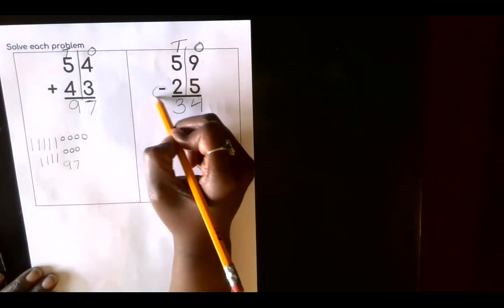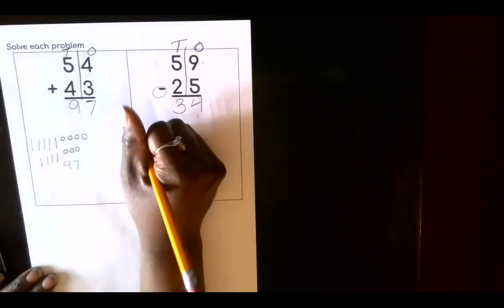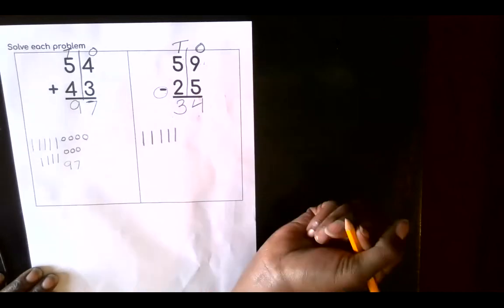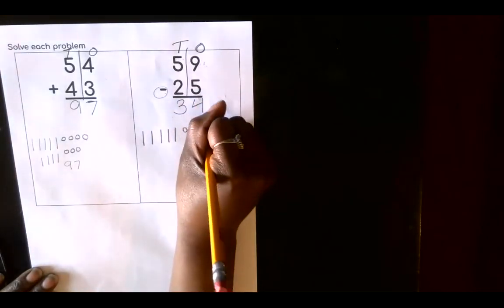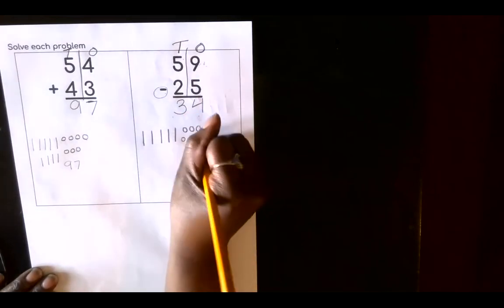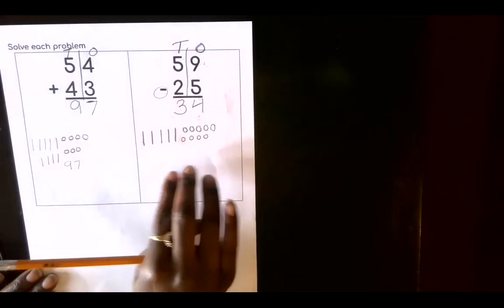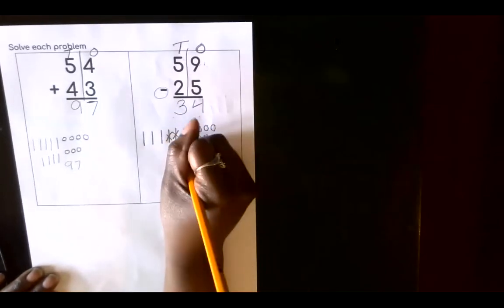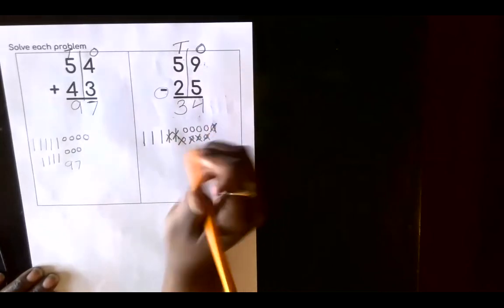Remember, when you do minus, you only have to draw the larger number, which is the 59. So 10, 20, 30, 40, 50, 51, 52, 53, 54, 55, 56, 57, 58, 59. Notice how neat my picture is, okay? 59 minus 25, 10, 20, 21, 22, 23, 24, 25.